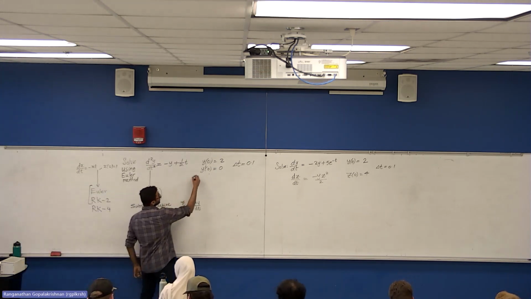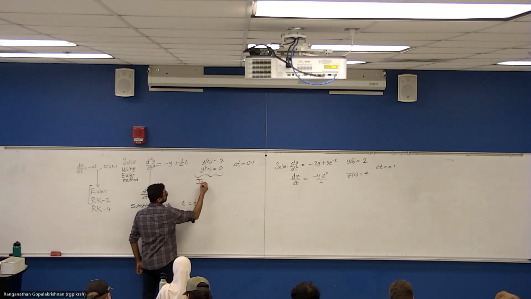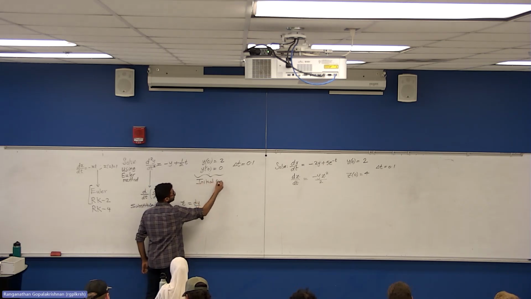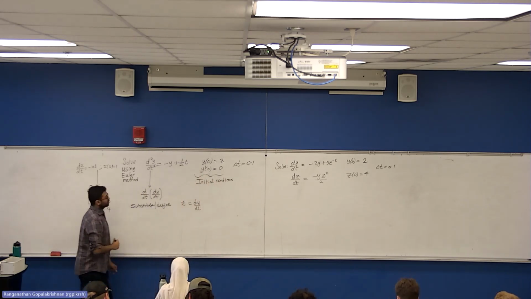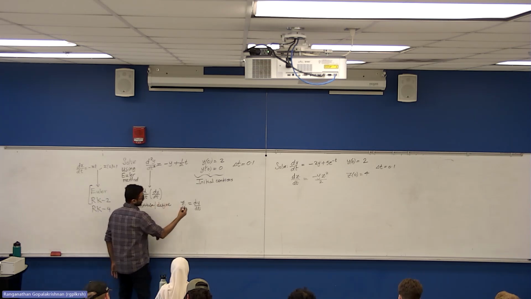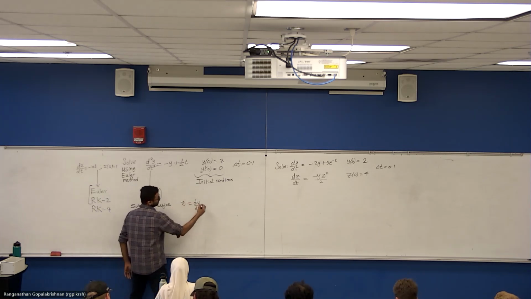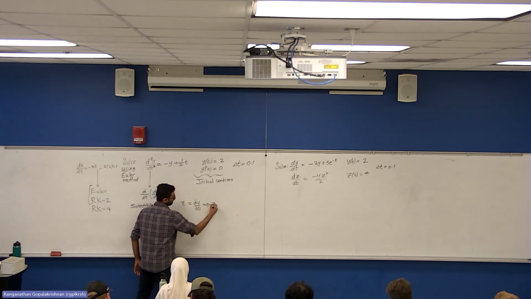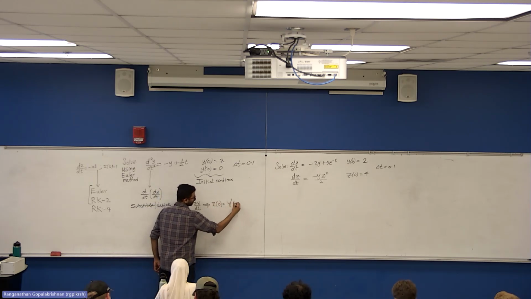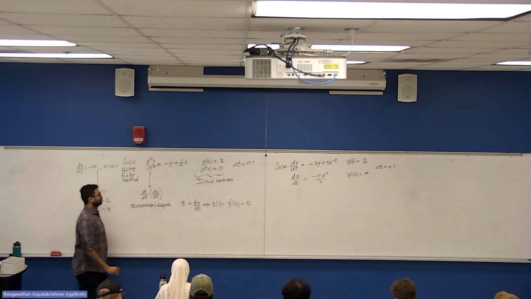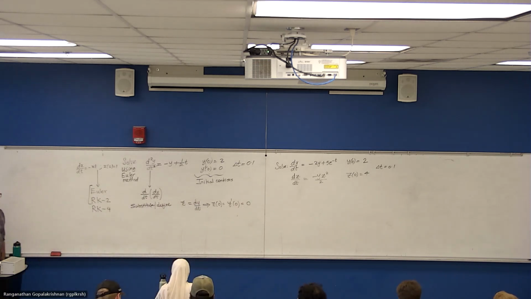As part of the initial conditions, we are told what is y and y dash at time 0. What we are essentially saying is this implies z at time 0 is the value of the first derivative of y at time 0, which is 0 in this case.